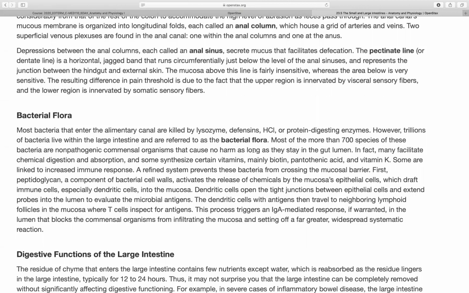And bacteria, we need that E. coli because remember the vitamins that we talked about? Biotin, pantothenic acid, vitamin K, which is very important in controlling your bleeding, right? You also have immune responses that require this bacterial flora. And that's the reason why when you take very serious broad spectrum antibiotics, the first thing you get is a really bad stomach ache or intestinal cramping.